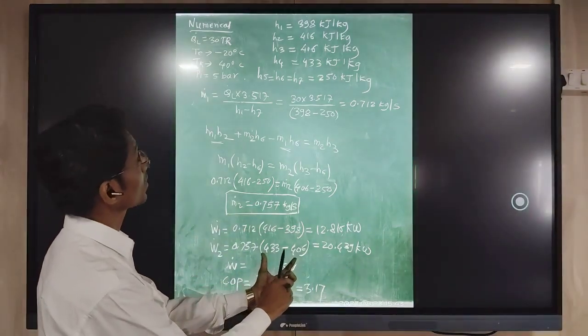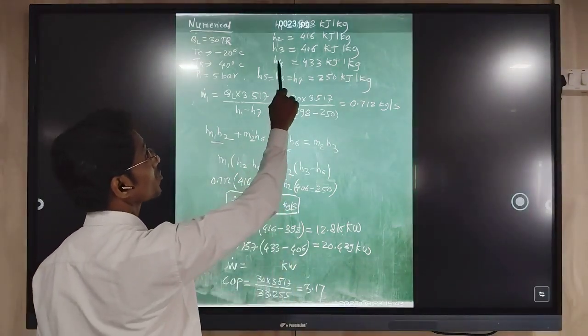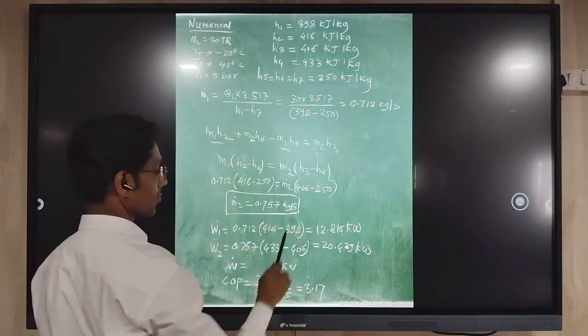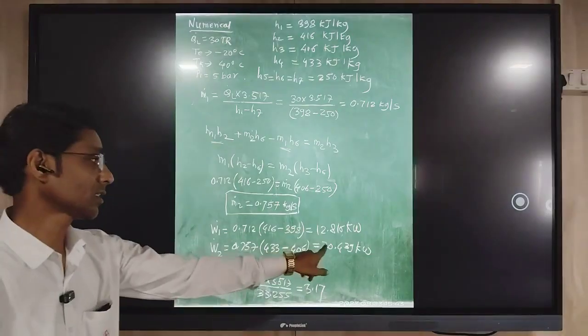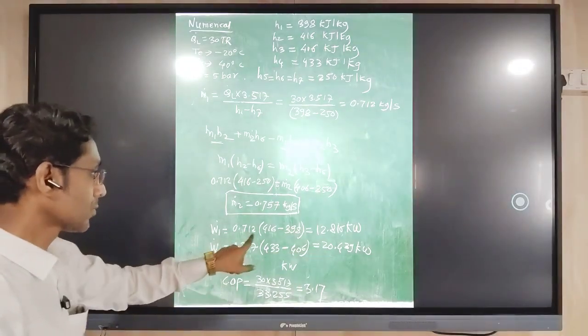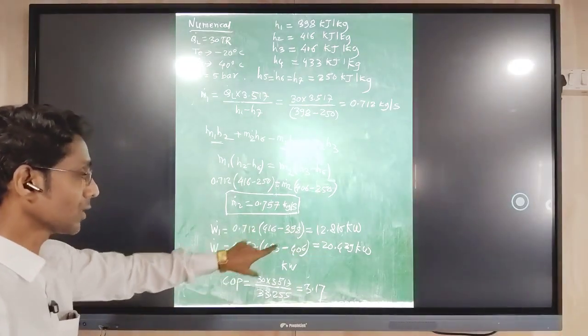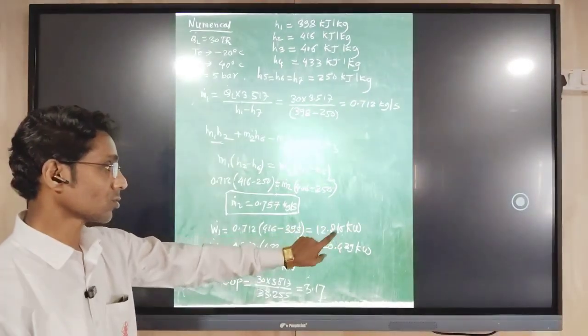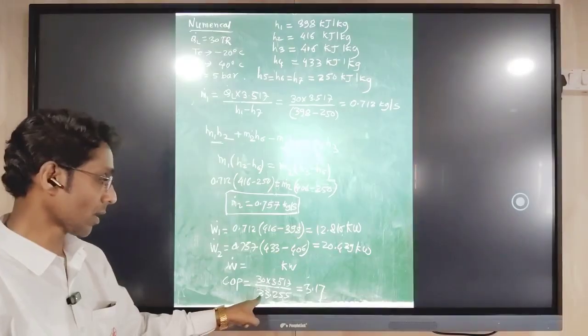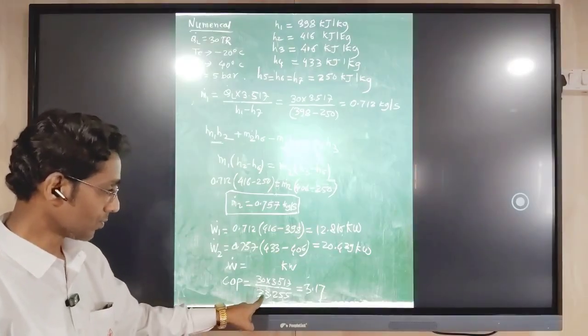The high pressure compressor means points 4 and 3, so H4 minus H3. Doing the calculation, we find this value. Then the total power required to drive the system is the summation of these two.